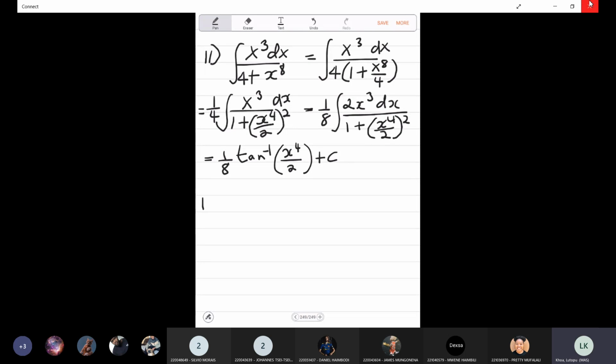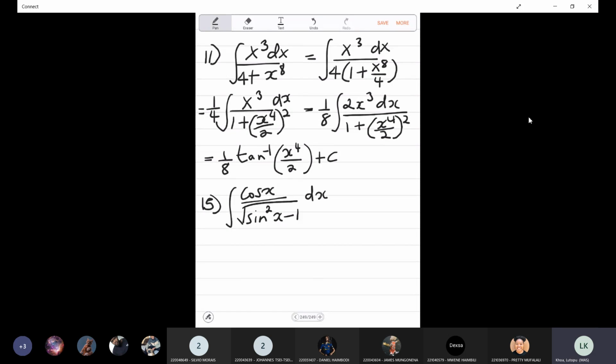And number 15, we have cos x over the square root of sine squared x minus 1 dx.